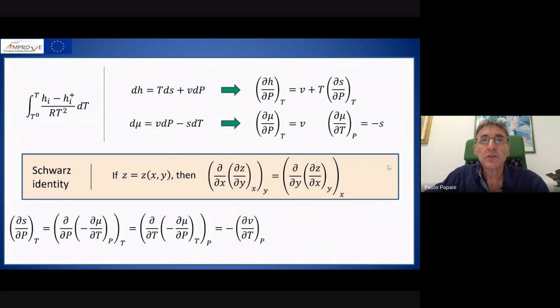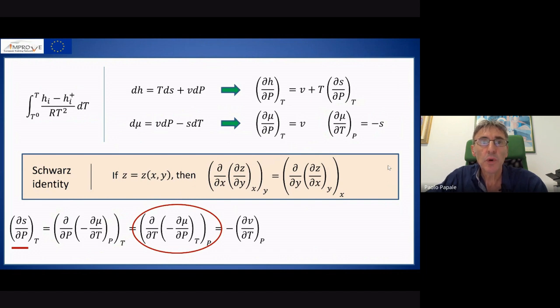Let's apply it to molar entropy, which appears in the equation at the top right, by making use of the expression for the partial pressure and temperature derivatives of chemical potential. We can write the pressure partial derivatives of entropy by substituting this expression for entropy. Now we have a double partial differentiation. Therefore, we can apply the Schwarz identity and replace the order of differentiation.